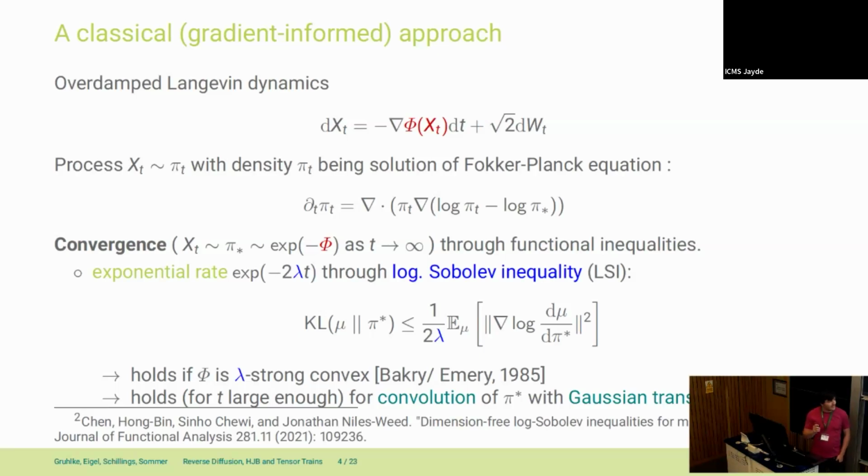However, which is interesting and quite reasonable and is connected to these generative modeling approaches, if I take an arbitrary potential or this density and convolve it with a Gaussian, then for t large enough, also this convolution admits some functional inequalities. So this gives an intuition why this generative modeling might work in this mean field limit discussion.